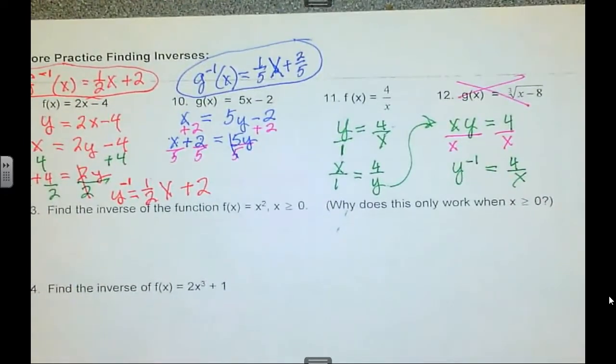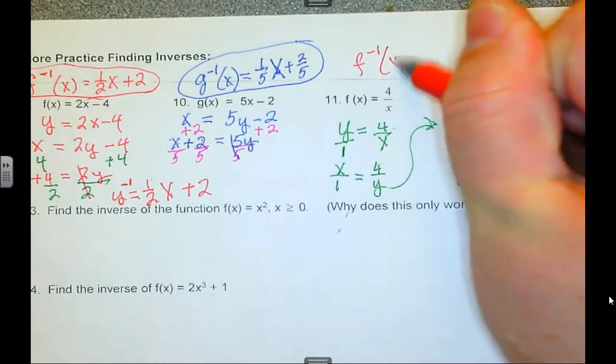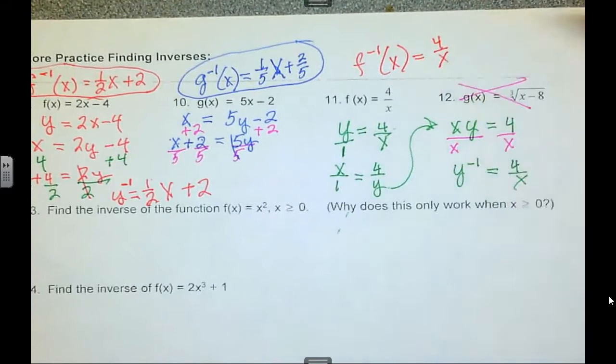Now, do you notice something? Well, we could put it back in function notation. It's no big deal. So the f inverse of x equals 4 over x. Do you notice something?